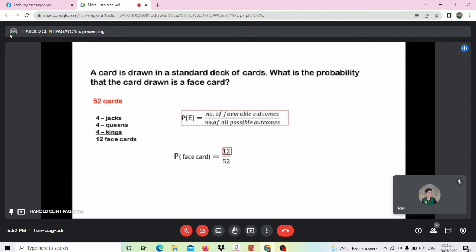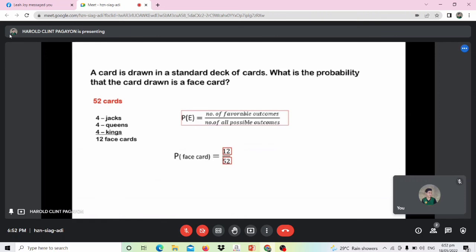Why does it become 12 over 52? It is because we are looking for the probability of face cards, not just the jacks, not just the queens, or not just the kings. The total face cards is 12, and 52 is the total number of cards in the standard deck. But that's not our final answer.